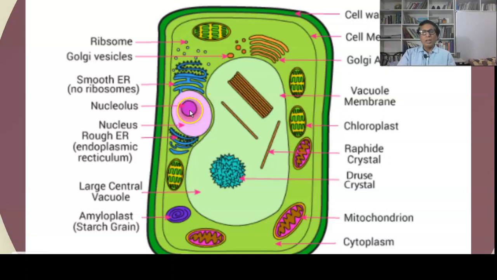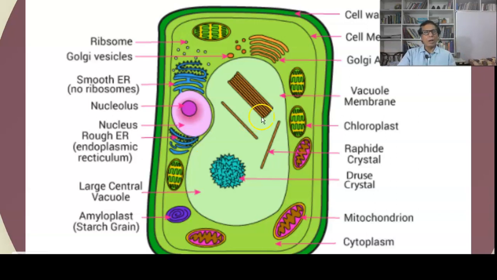In the nucleus there are thread-like structures called chromosomes. The chromosomes are lined with the genes. The main function of the genes is to carry characters from the parents to the offspring. That is called hereditary characters.